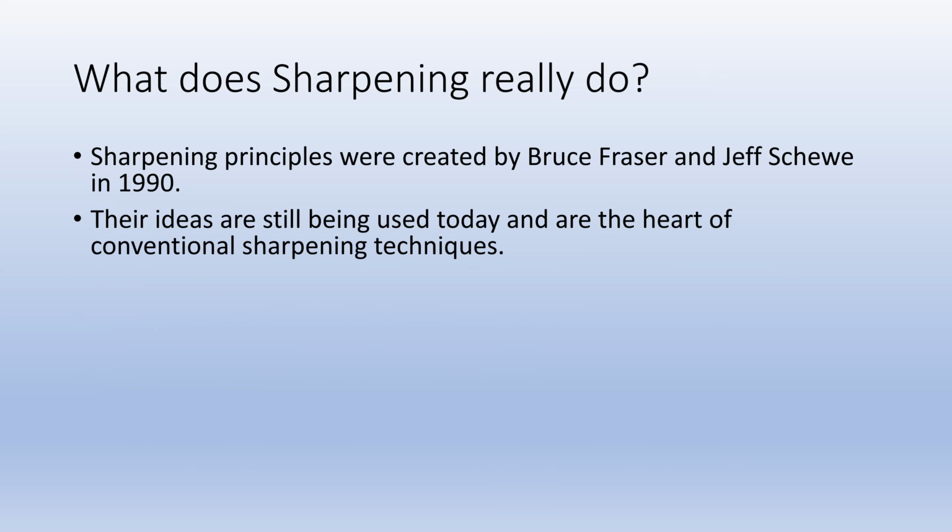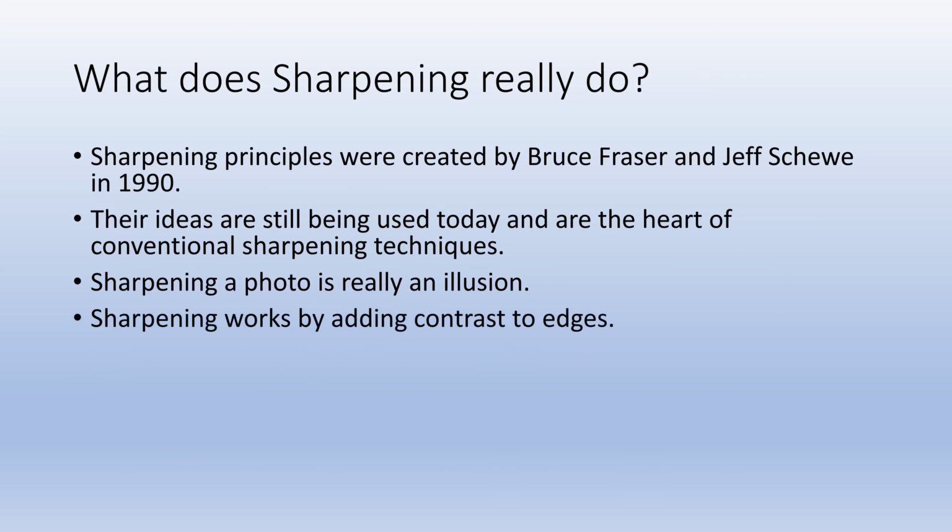All of their ideas were created in 1990. These things are 30 years old. And sharpening is really an illusion. What it does is add contrast to edges, and that in itself can cause problems. So let's have a look at that.